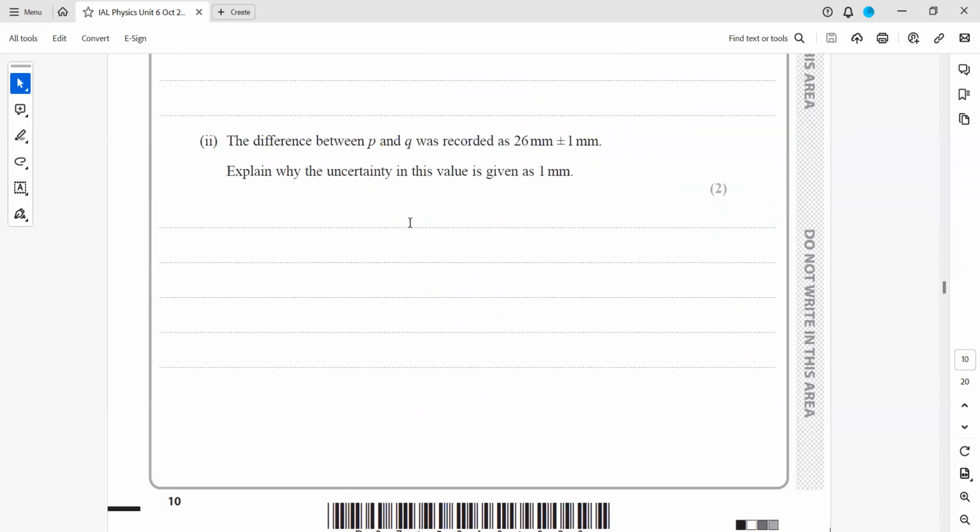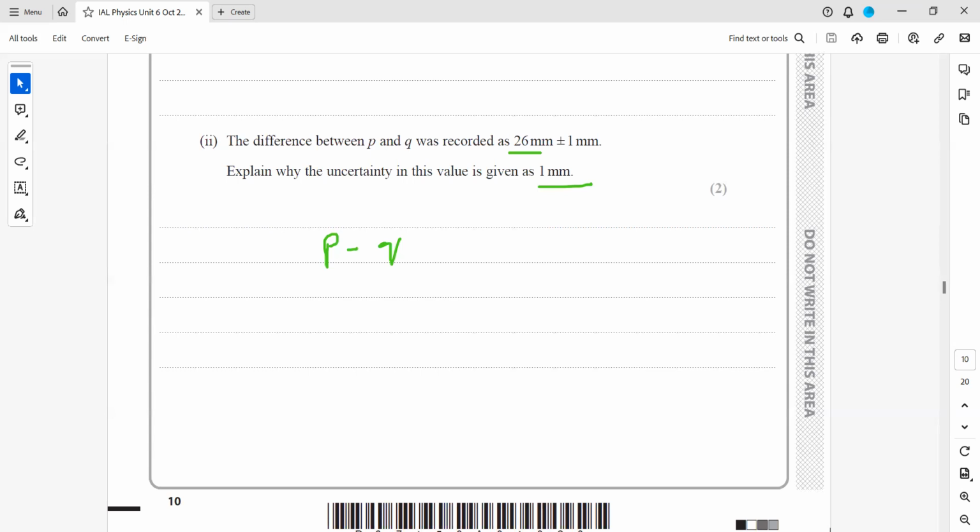The difference between P and Q was recorded, and the difference was 26 millimeter plus or minus 1. Explain why the uncertainty in this value is given as 1 millimeter. Look, when we work out the difference between P and Q, like P minus Q, how is P measured?